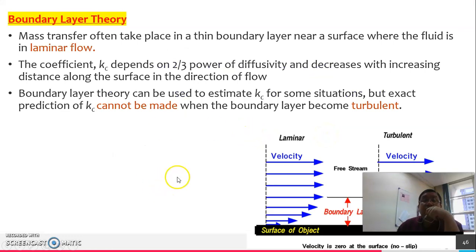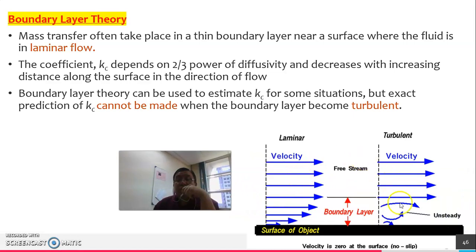So this is one of the theories, which is boundary layer theory. Mass transfer often takes place in a thin boundary layer, and we have to know that this region is supposed to be laminar in nature. If it is turbulent, it cannot predict Kc, so it becomes problematic.